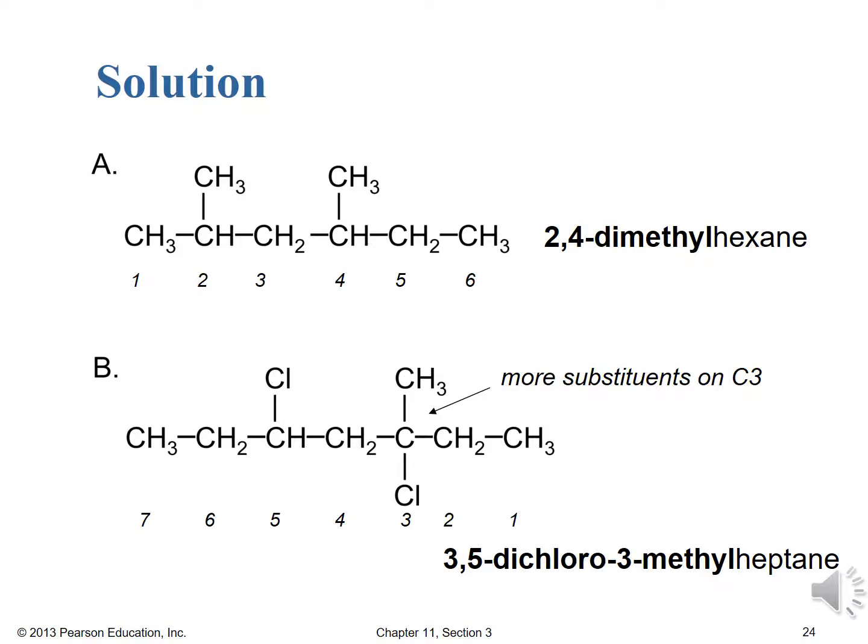All right, and I've shown the numbering scheme at least, and why we selected the prefix di for the chloro, and why we went with 3 versus 5. We went with the 3 for the carbon that had the chloro and methyl substituent, so that we ended up with the lower sum overall, right? We would have hit a chloro substituent if we went from left to right, numbering number 1 at the extreme left, and so on and so forth. We would have had still 3,5-dichloro, but then we would have had a 5-methylheptane, and we want the smallest sum from those.